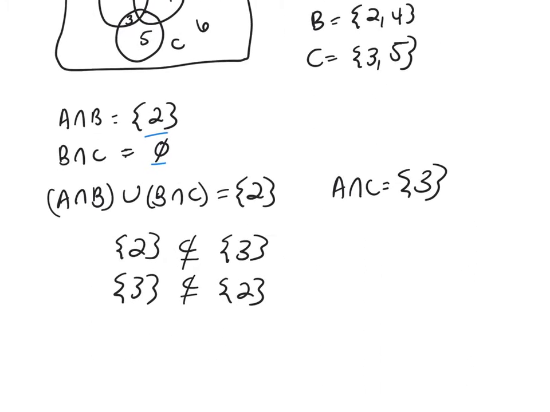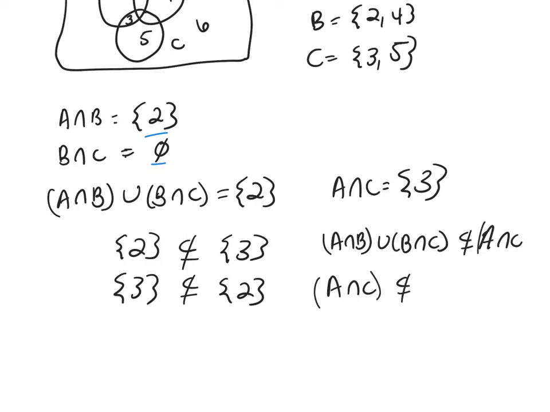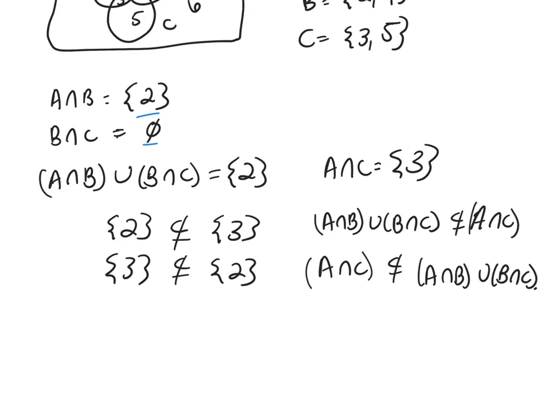And so this tells us that A intersect B, union B intersect C is not a subset of A intersect C, and vice versa. A intersect C is not a subset of A intersect B, union B intersect C. So if you're saying that neither is a subset of the other, you need to come up with a counterexample to show that.